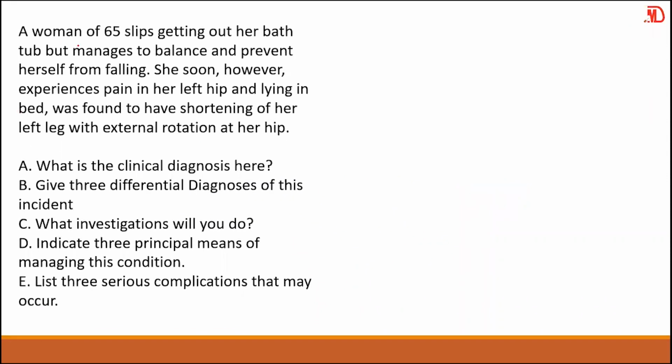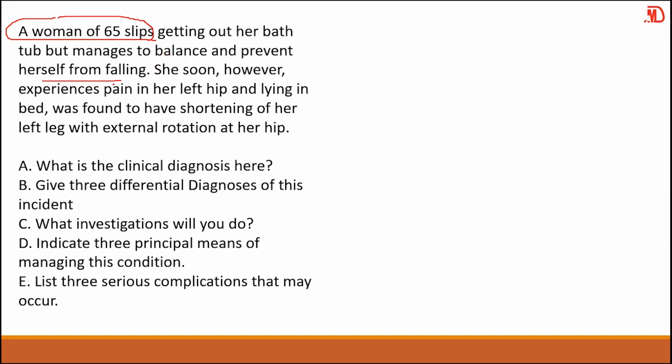So we have a woman of 65 years old who slips getting out of her bathtub, but manages to balance and prevent herself from falling. So the clue here is what? An old woman who is 65 years old who slips. And again, that means there was a problem with balance, isn't it?